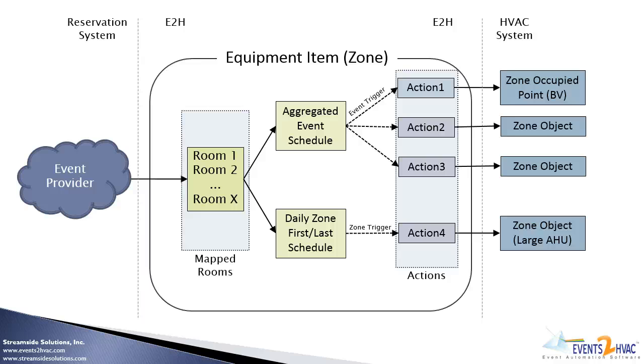The daily zone schedules represent the current day's first event start and last event stop. The result of this is used to trigger zone first-last commands so that the physical system is started and stopped on the first event of the day and the last event of the day. This is useful for large air handlers that you don't want to cycle on and off throughout the day, or for controlling outside doors for a building.